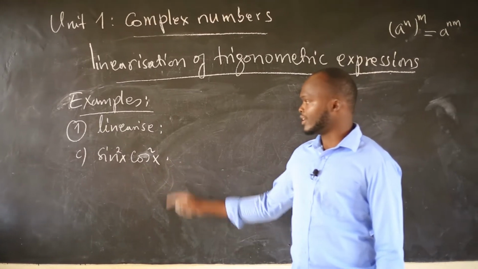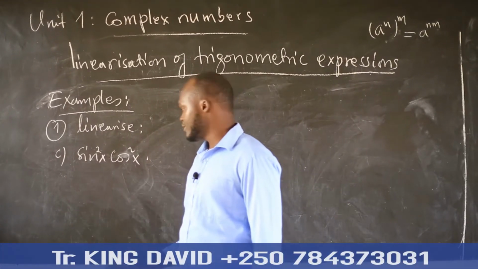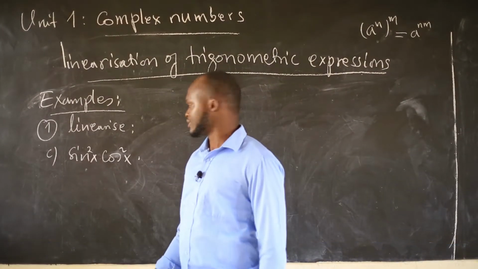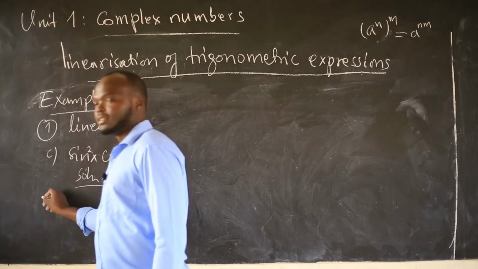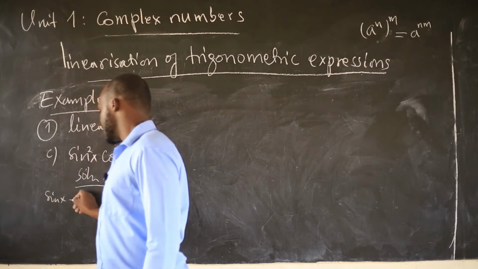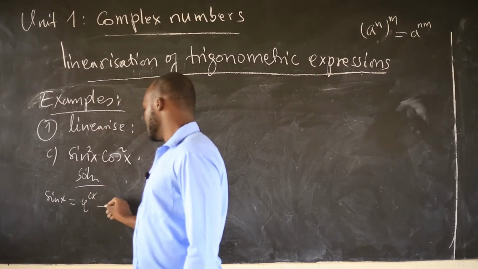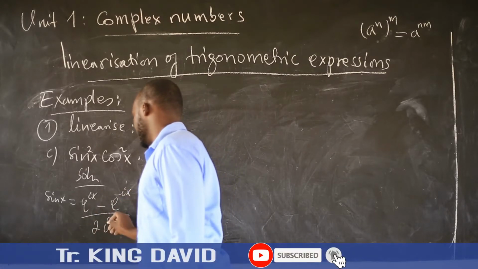So we have C. We're going to try C. We're going to linearize sine squared x cos squared x. So what we do, you know that the value of sine x is e power ix minus e power negative ix divided by 2i.